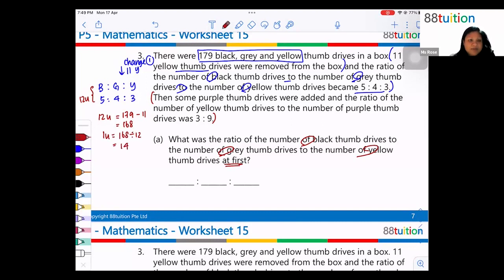From here, I will be able to find out how many of each colored thumb drives there are, since I have the value of my 1 unit. Everyone okay? So before I can write down my ratio, what do I need to do?